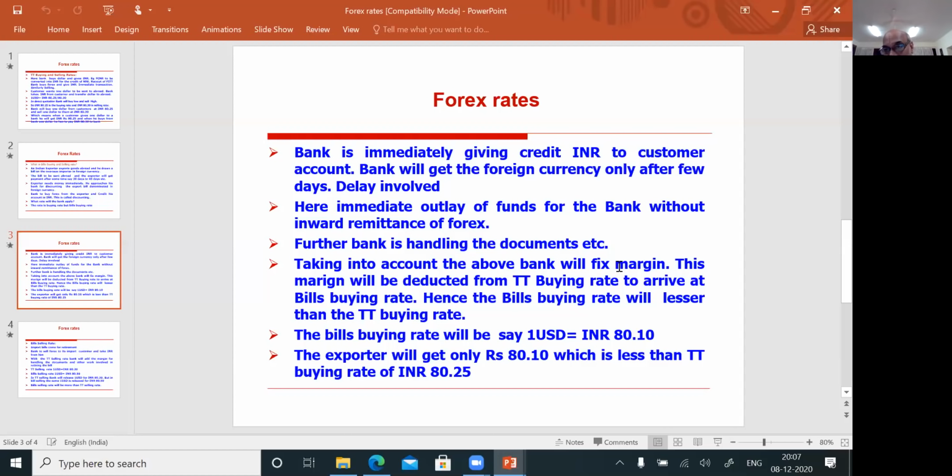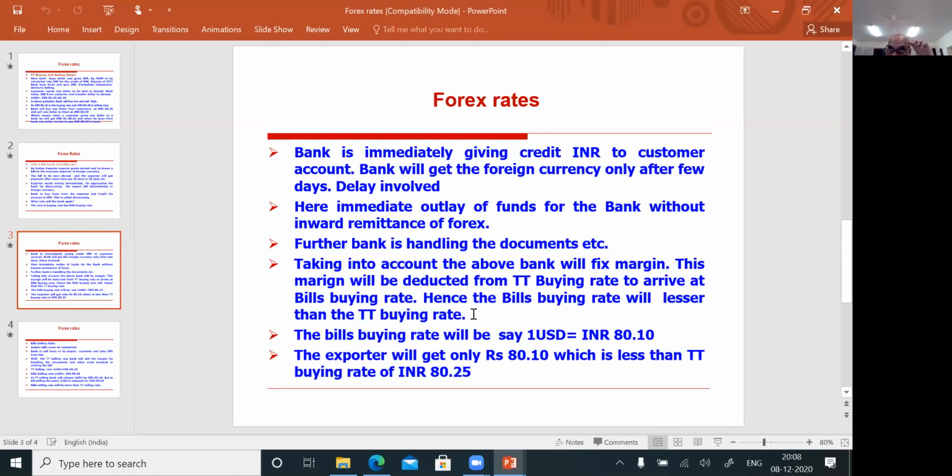The margin is deducted from the buying rate to arrive at the bills buying rate. Hence, the bills buying rate will be less than the TT buying rate. In a TT, if you give $1, the bank gives credit to the account immediately at 80.20. But if you give an export bill, the bank will give you credit of only 80.10.